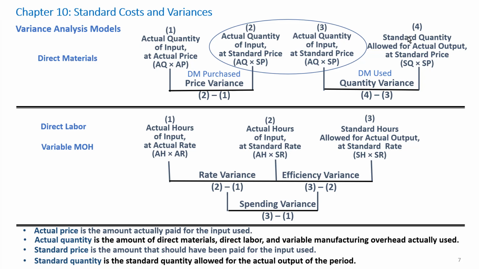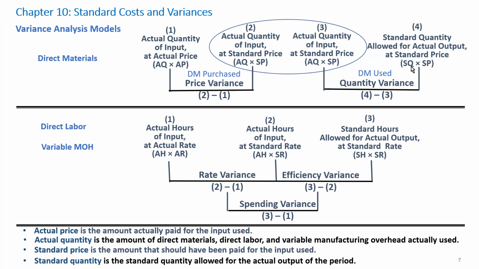In both models, the first box multiplies the actual quantity or actual hours times the actual price or actual rate to get the actual amount spent. In both cases, the last box multiplies the standard quantity or standard hours times the standard price or standard rate to determine the standard cost.